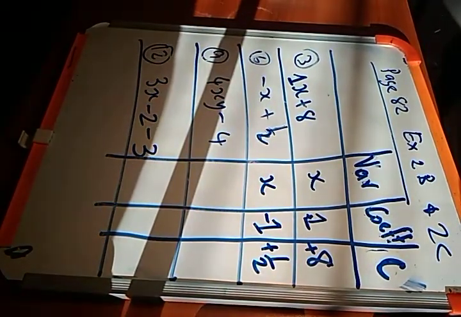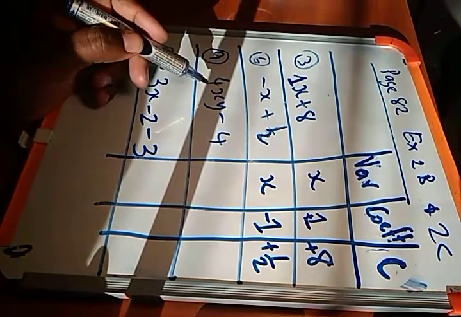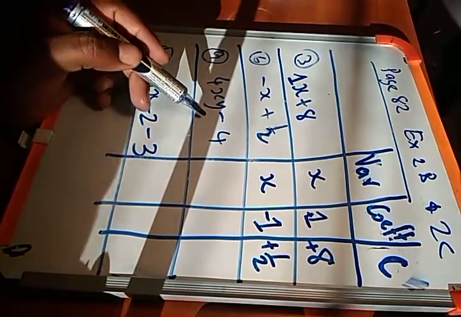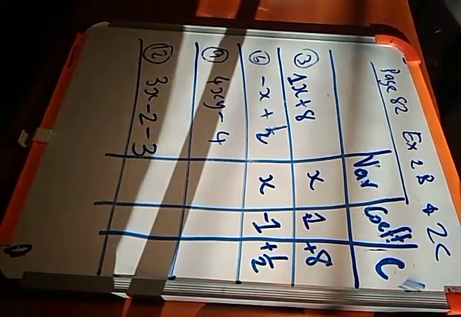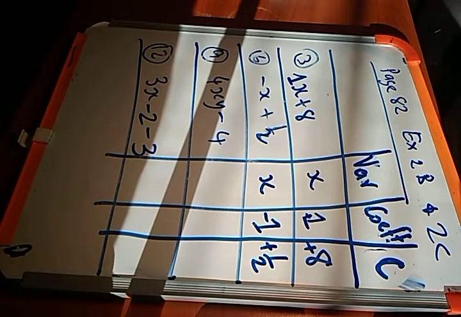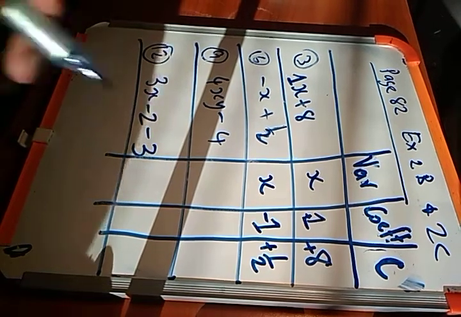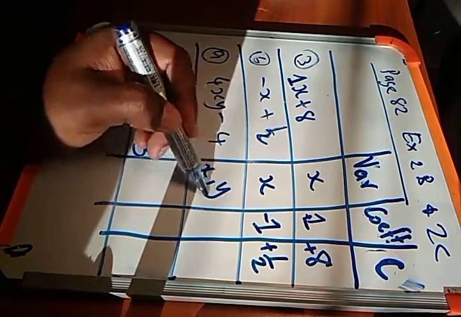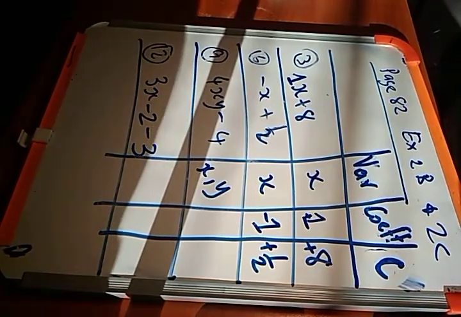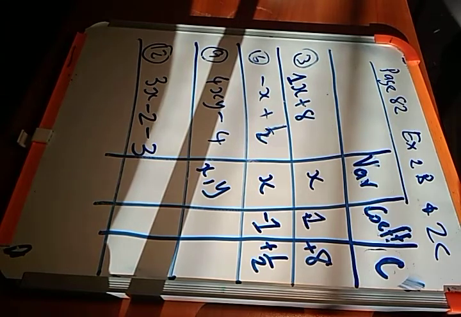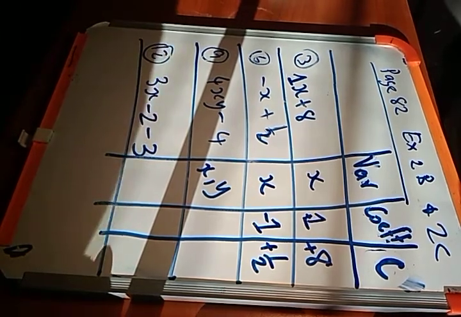And then we're going to go to number 9. Here we've got 4xy minus 4. What is the variable? There are two variables there, x and y. And what is the coefficient of x?